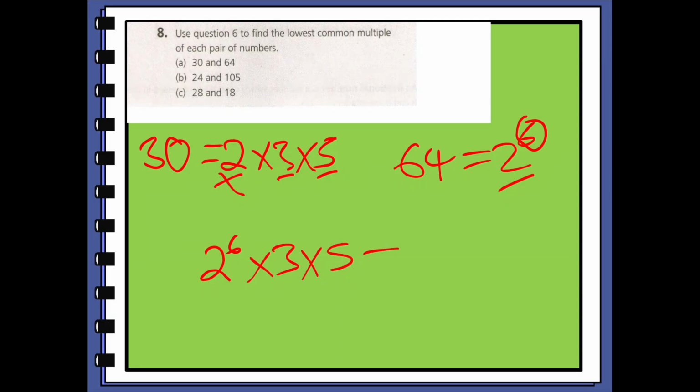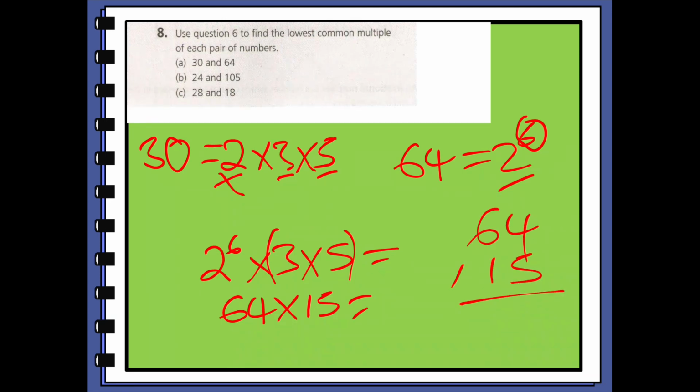5. Then 2 power 6, we do know that is 64, right? So 64 times 15. We know that 3 times 5 is 15. So what is 64 times 15? Let's do 5 times 4, it's 20.